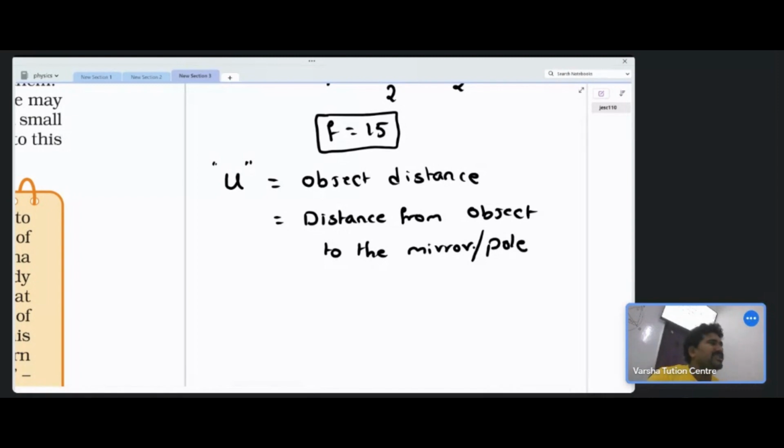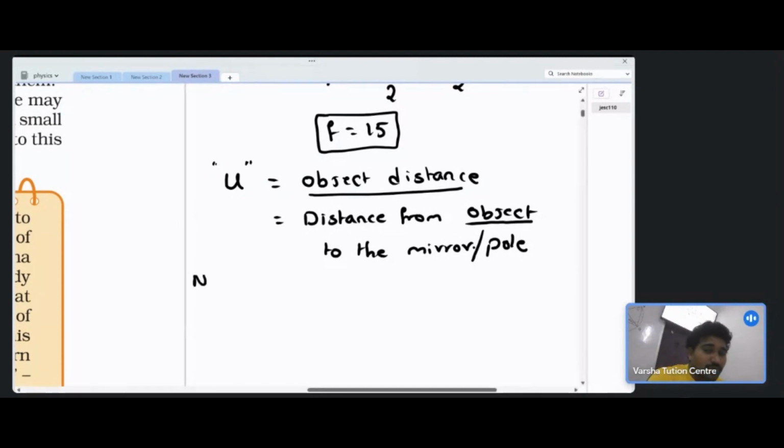Sometimes he will tell it as pole, sometimes the mirror itself he will tell. So whatever he said, from the object. Clear that thing now? See, object distance I said, right? It is the distance from the object to the mirror. Okay, clear that thing now?